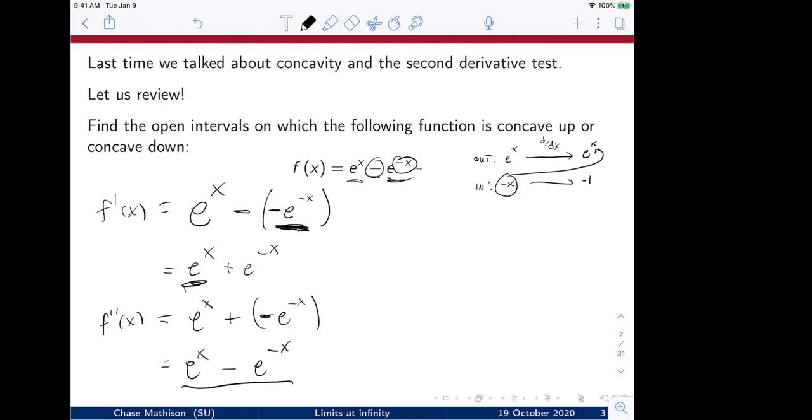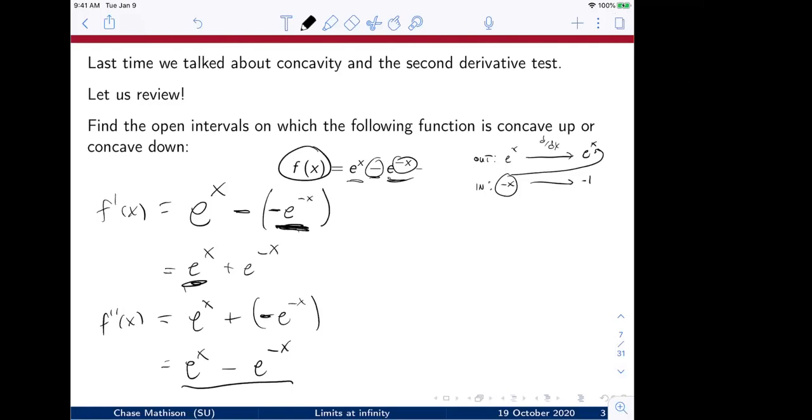So I want to see where the original function is concave up and concave down. So how is that related to the second derivative? The original function is concave up where what? Where f double prime of x is negative.